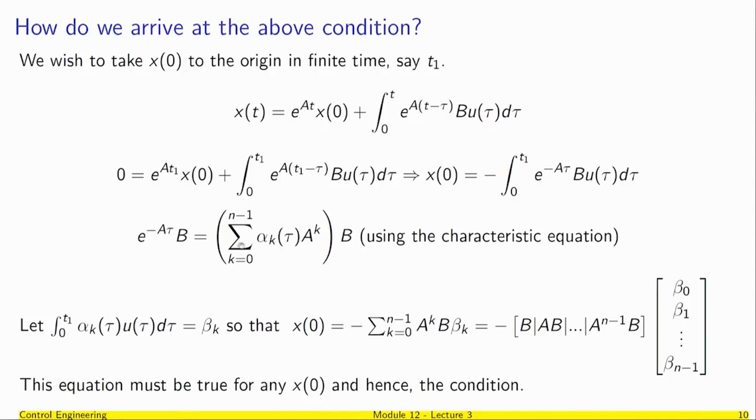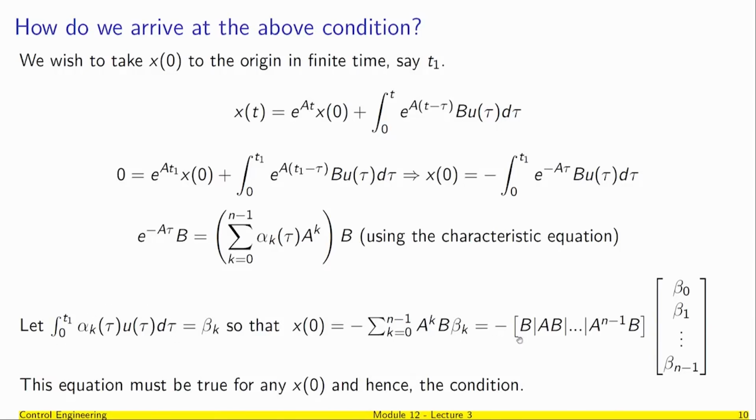If I substitute for e power minus At, I end up with an equation which looks like this: x naught is a summation of terms in the powers of A times some numbers beta k. What is this beta k? Whatever is in the integral here, alpha k of tau times u of tau, I just call beta k. I can always compute this; it is always some number.